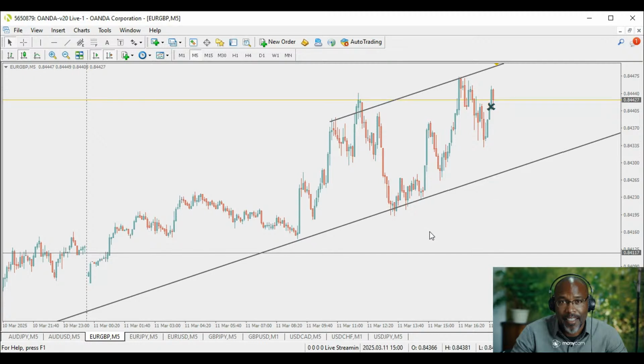Going back to check on the Aussie pairs. No confirmation yet.